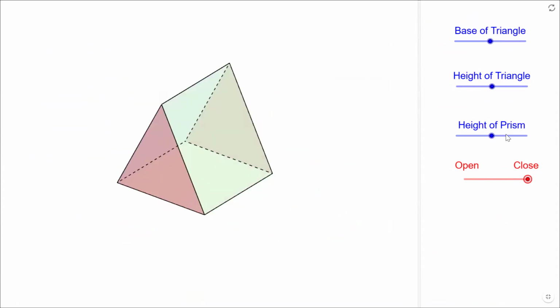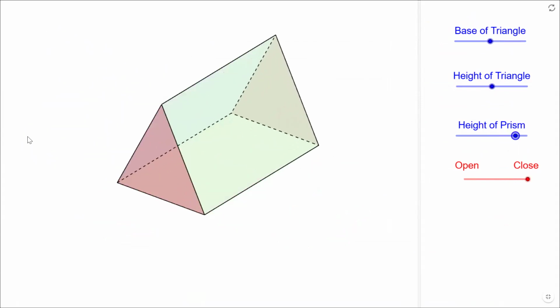The triangular prism has two triangles. If you move around the prism, you will find the side faces are rectangles. We have two triangles and three rectangles. This shape is called a triangular prism.